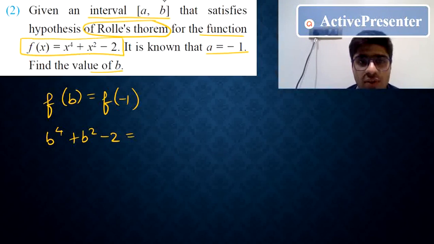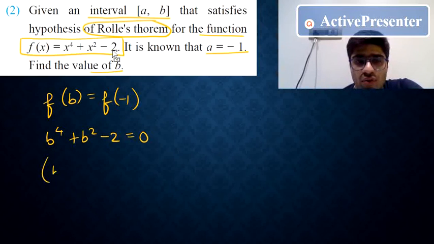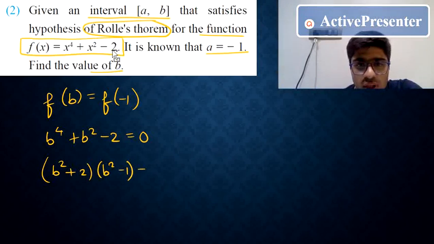F of minus 1, that will be minus 1 power 4, which is 1, plus minus 1 square, which is 1, and minus 2. So we have 1 plus 1 minus 2, which is equal to 0. If you try to factorize this, you need to understand it's a quadratic in b square. So if you try to factorize that, you have b square plus 2 and b square minus 1 equal to 0.